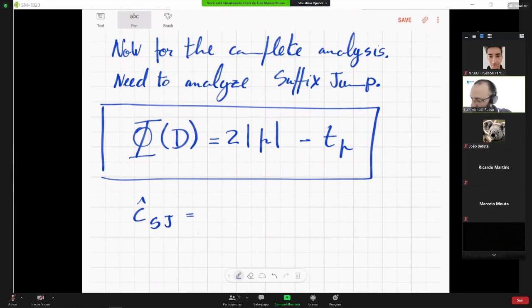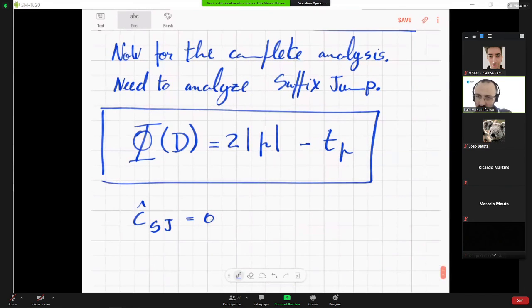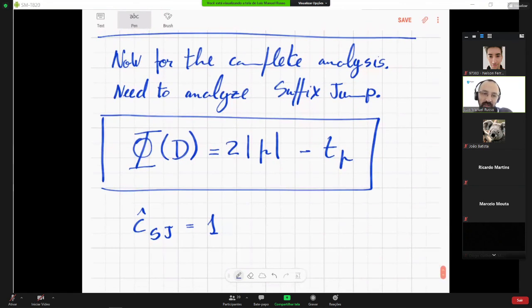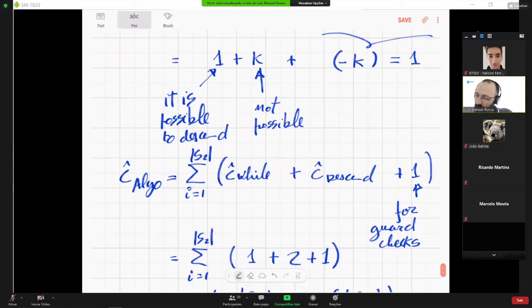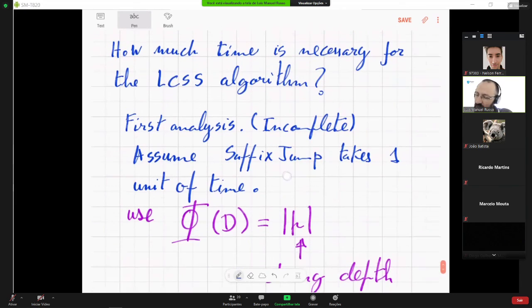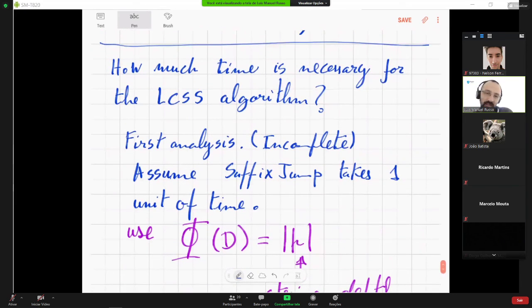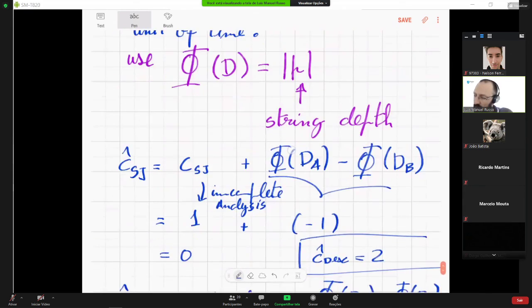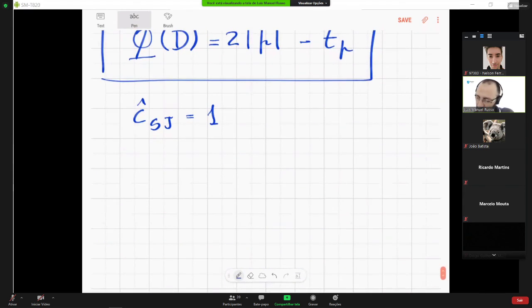Okay, or yeah, or 1. If you check that the amortized cost of the suffix jump is 1, because we assume that in this analysis, then everything should carry through.